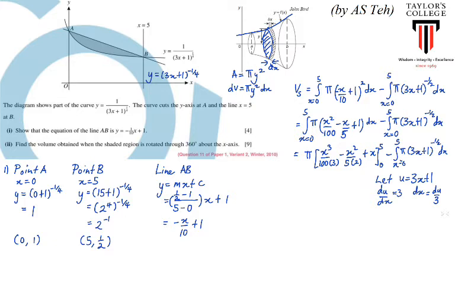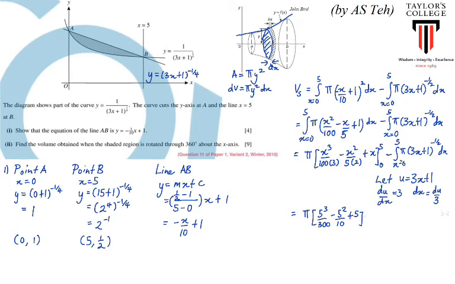For the left hand side, let's put in the values: pi times (5 cubed over 300 minus 5 squared over 10 plus 5).